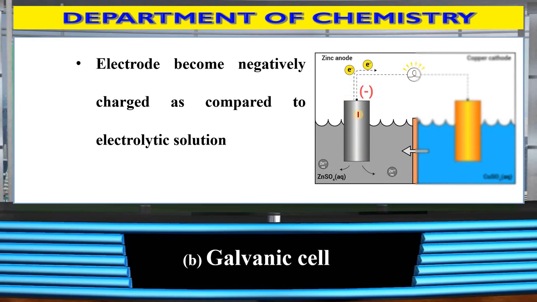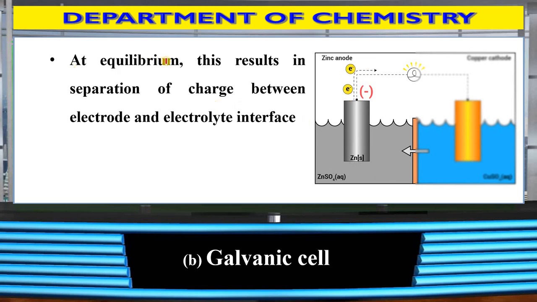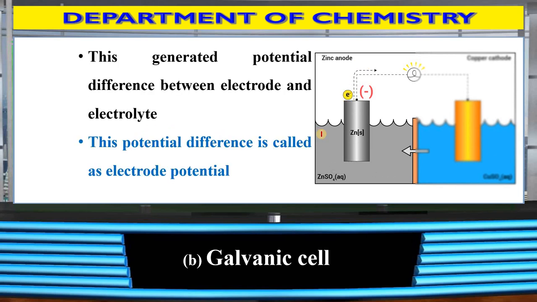Therefore, this zinc rod is negatively charged as compared to the zinc sulfate solution. And at equilibrium, this results in separation of charge between the electrode and electrolytic solution.